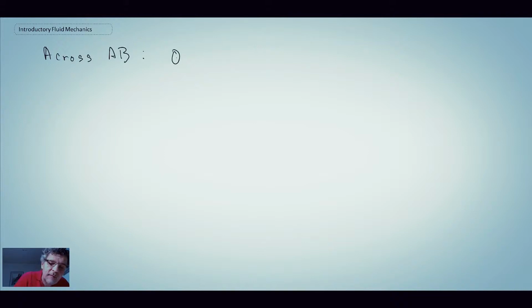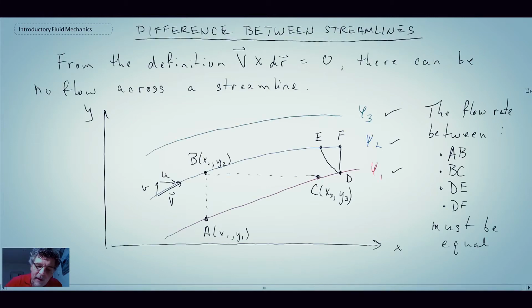So across AB, we can write that the volumetric flow rate is equal to the u component of velocity integrated along the line. Now, if we look back at AB, you might have a v component of velocity, but it's going perpendicular to the flow direction, or the mass flux, or volumetric flow rate.